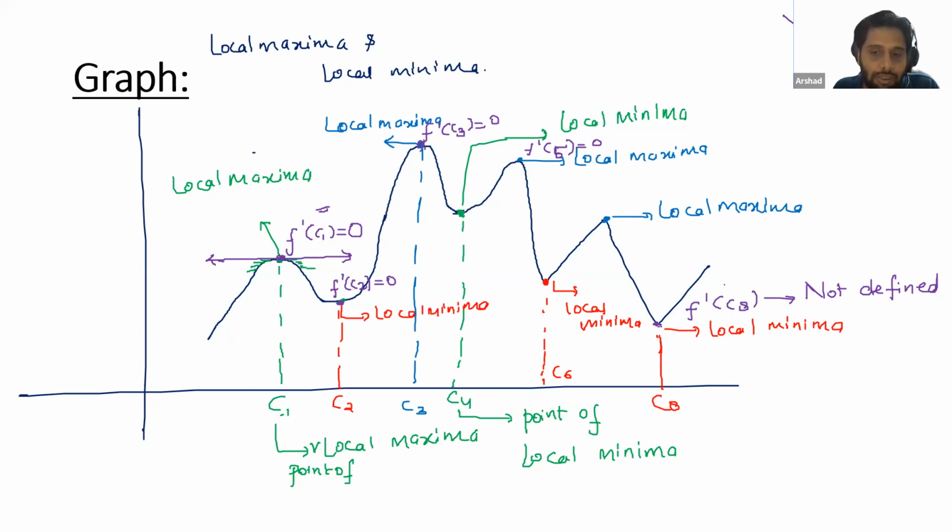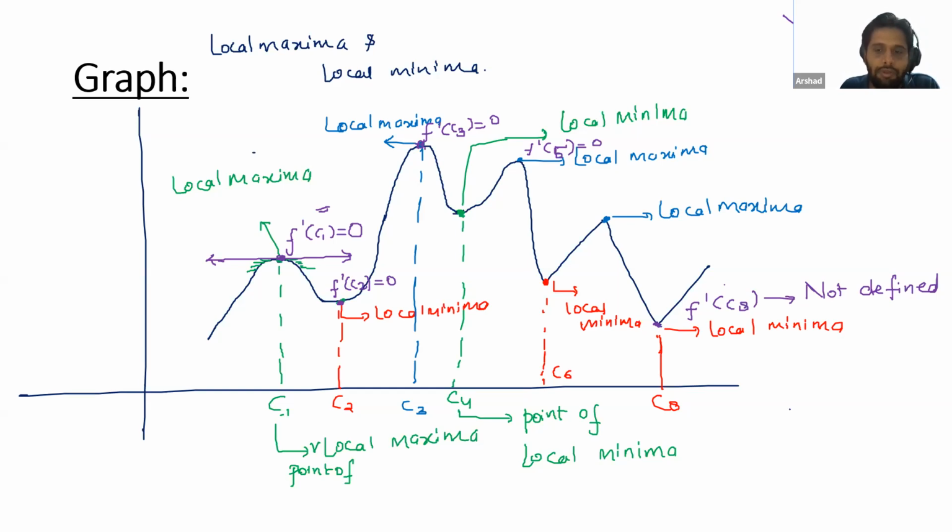This is your critical point because at this point the function is not differentiable. This is your critical point because here the derivative is 0. So the local maxima and local minima will always occur at the critical points. From the graph you can understand that these are all critical points, because here the derivative is either 0 or does not exist.